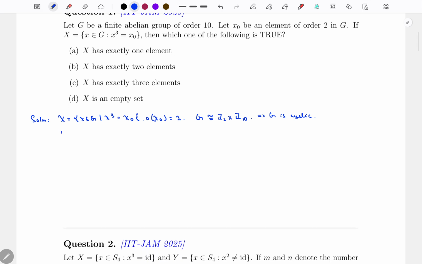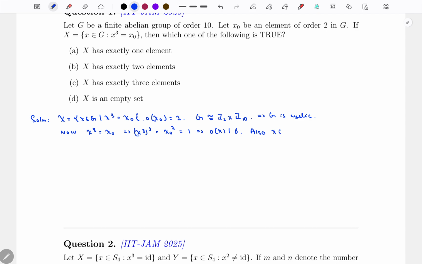Now how do we typically try and think about this problem? Observe that if x cubed is equal to x naught, what does that mean? That means x cubed whole squared would be equal to x naught squared, which will be equal to 1. So that means that the order of x divides 6.